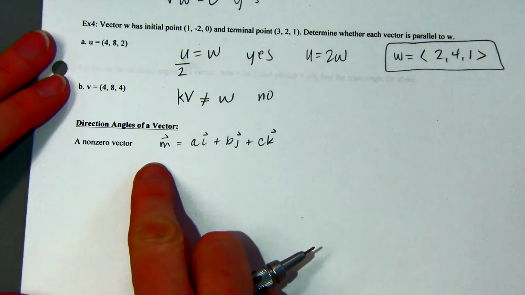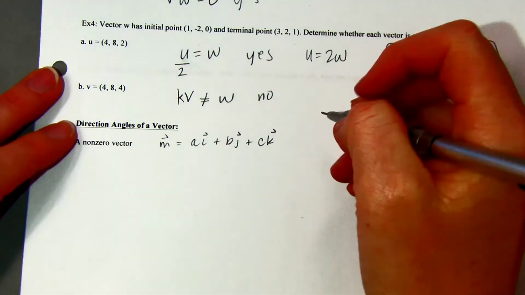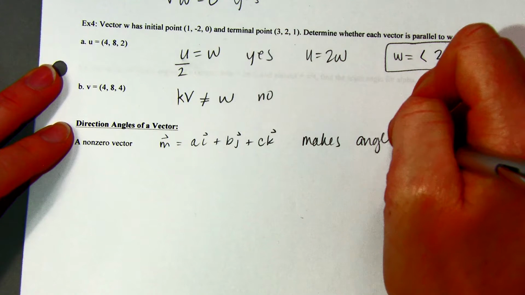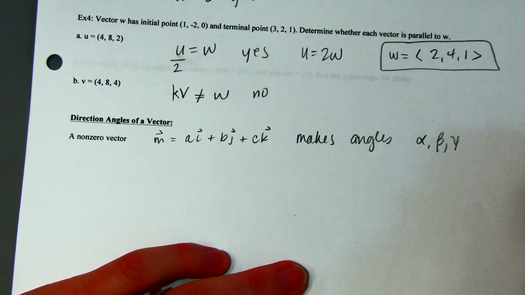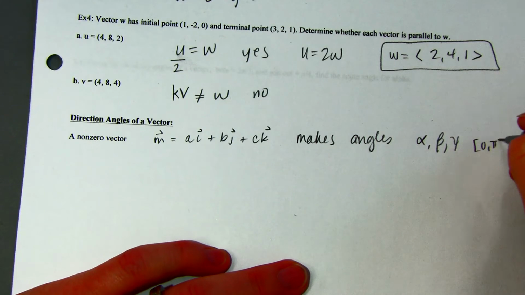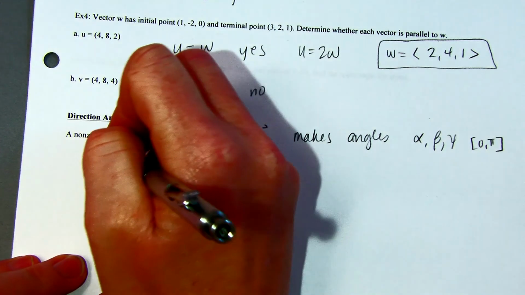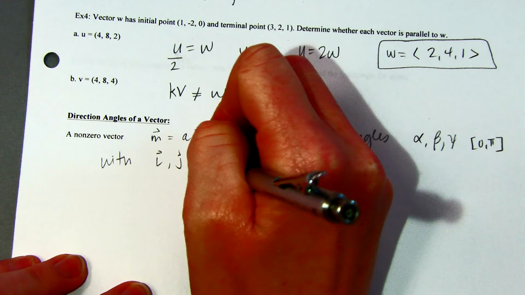This vector, if I graph it in 3 dimensions, I'm graphing an x, a y, and a z. So it's a vector that's coming out at you in space. Now this vector makes some angles, alpha, beta, and gamma, that are angles between 0 and pi with i, j, and k respectively.